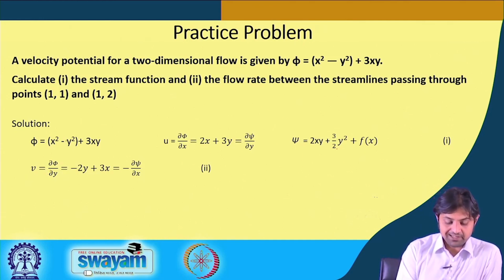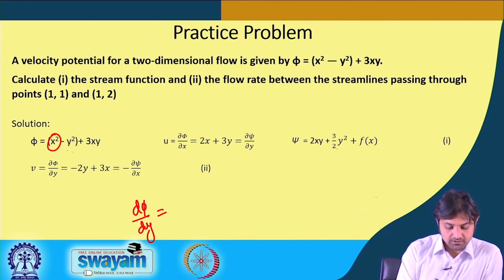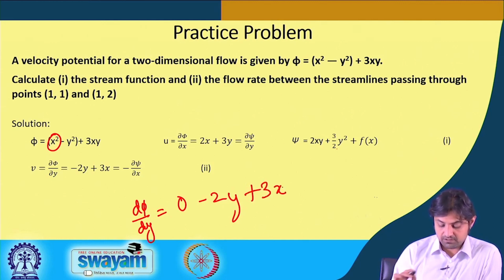So we calculate this: x will become 0, because there is no y term here, so this will be 0 minus 2y plus 3x.